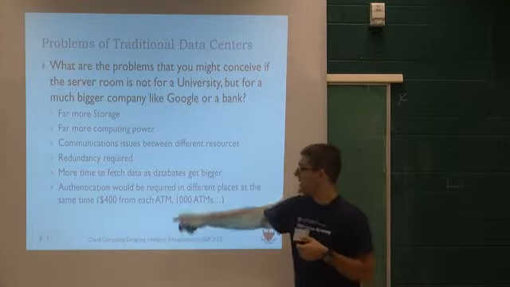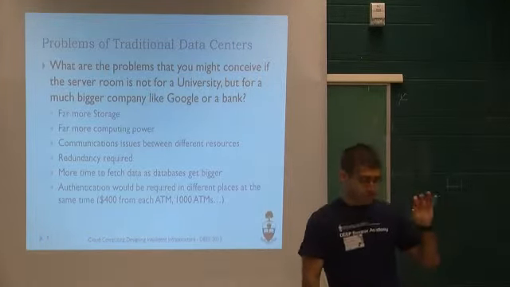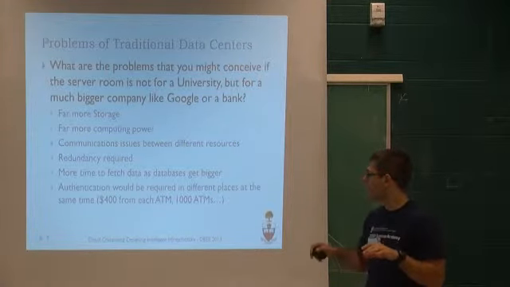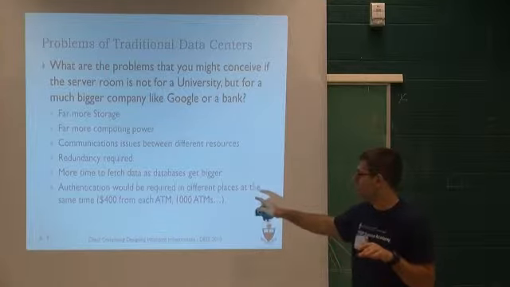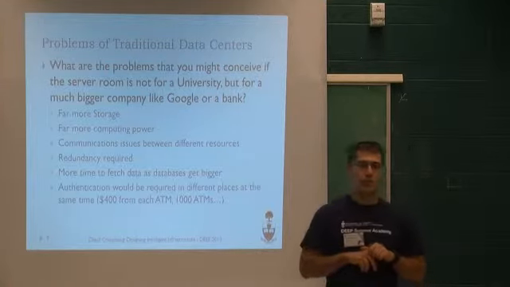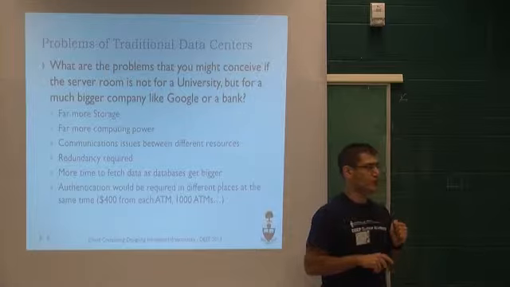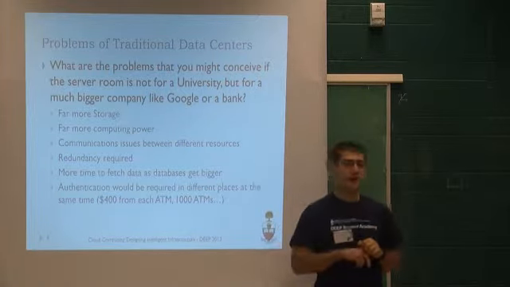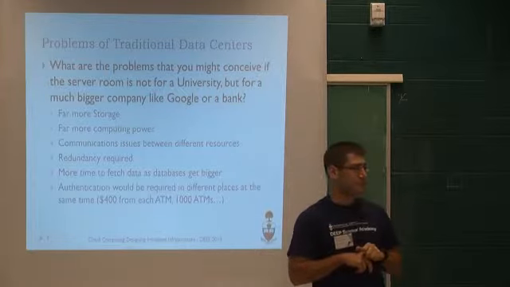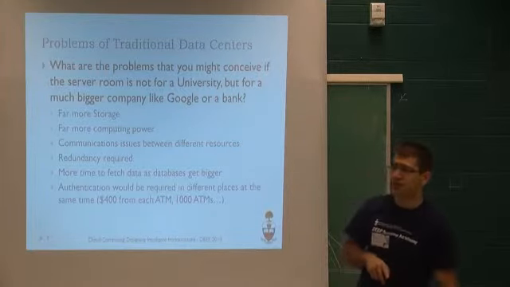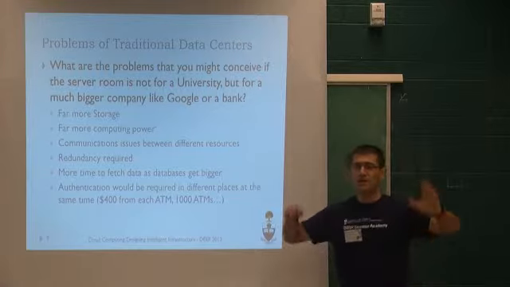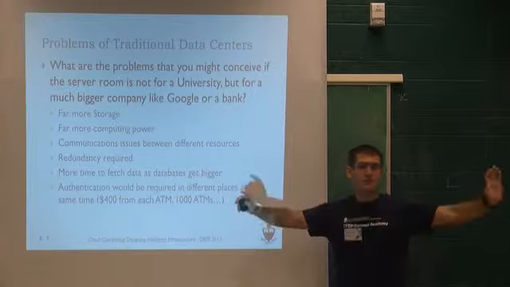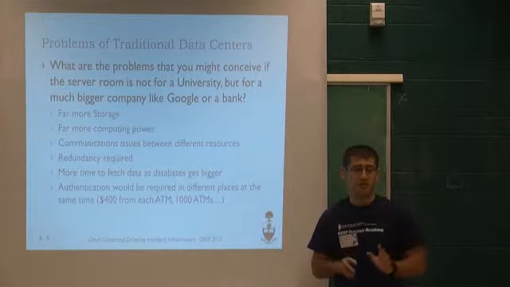So one of the things that happened a few years ago is that for one bank account, $400 was withdrawn from every ATM, and they used 1,000 ATMs. So the guy had $400 in his account. He made copies somehow of his cards, 1,000 copies, in 1,000 different places, even in several countries.